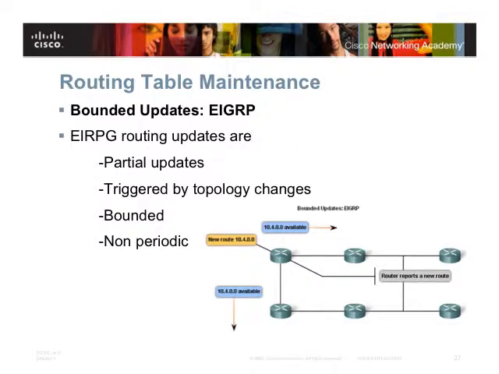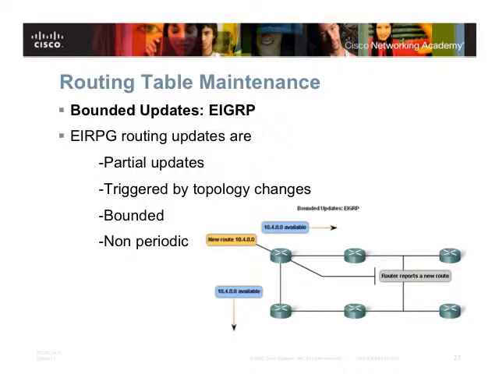So this way, convergence is attained faster. Why? Because once you send the update, it's triggered. You don't have to wait for 30 seconds. It goes to the next router. The next router will consider it as a new update, so it sends it to the next router, and the next router will too. So in a matter of a few milliseconds, I can attain convergence.